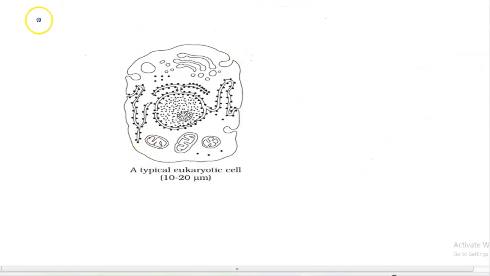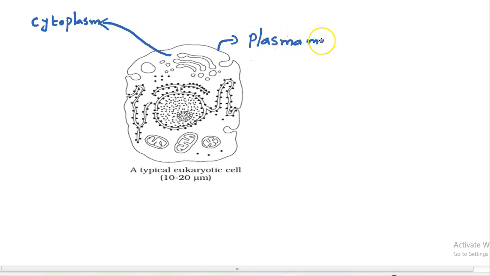As we are considering cell cytoplasm, let us consider a eukaryotic cell with a diagrammatical representation. The fluid content that is present inside the cell is cytoplasm, which is enclosed by a plasma membrane. Plasma membrane protects the cell components and cytoplasm.